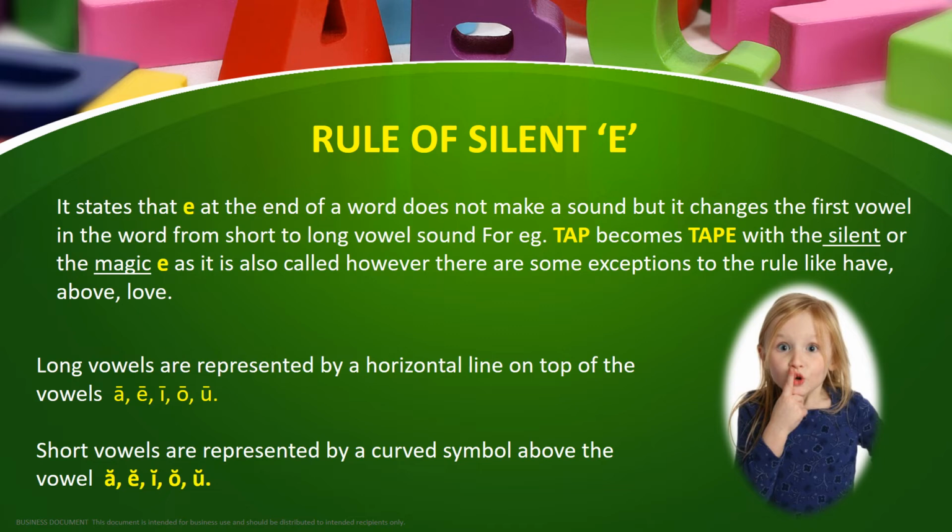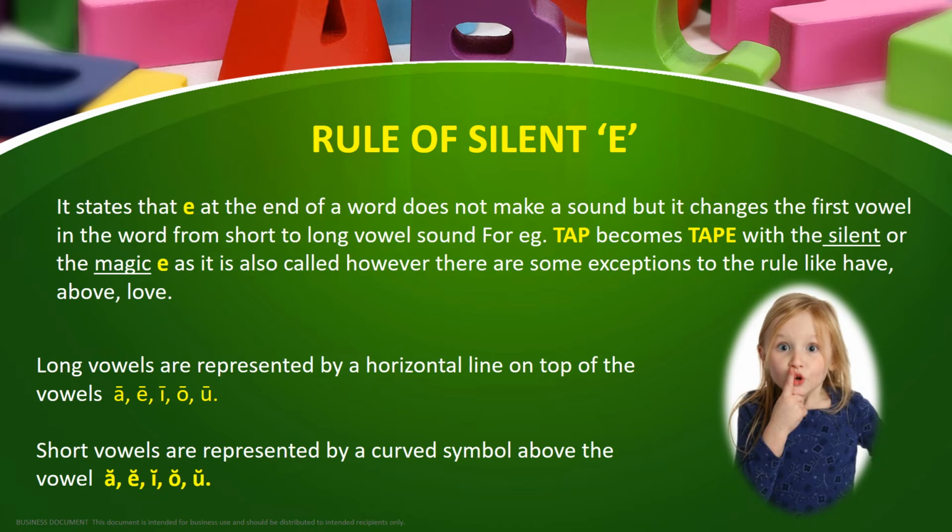Last but not the least, if U has a curve on top of it, it means it is used as a short vowel in that word. For example, us, U as us. So here U is sounding as a. U is not sounding as U. We are not saying use. We are saying us.